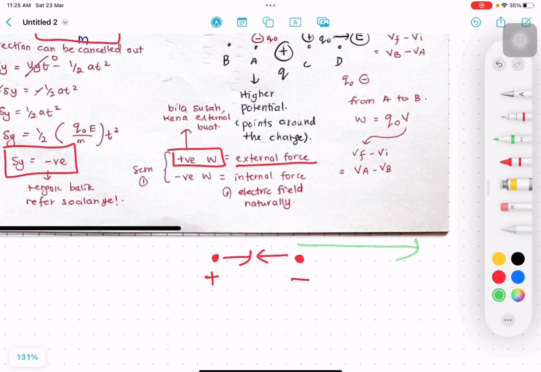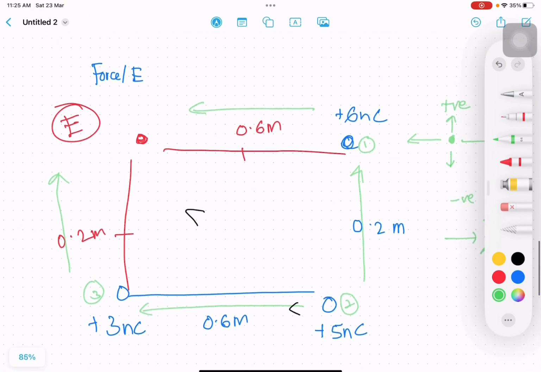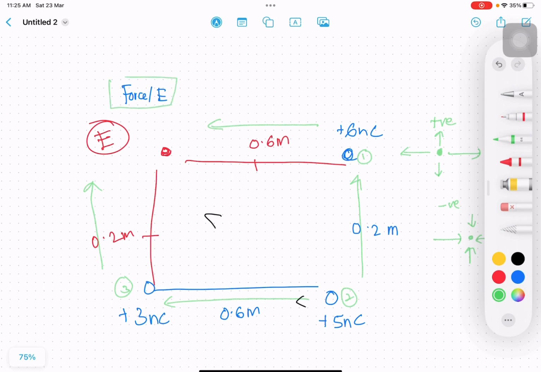Jadi bila kita nak pisahkan dia, kita kena ada unsur luar, external force, untuk gerakkan dia. So the W will be positive. Bila dia jadi negatif, is from the internal force itself. Maksudnya bila dia semakin dekat, dia daripada dalaman dia, dia orang sendiri yang mendekatkan diri. Macam itulah secara ringkasnya.